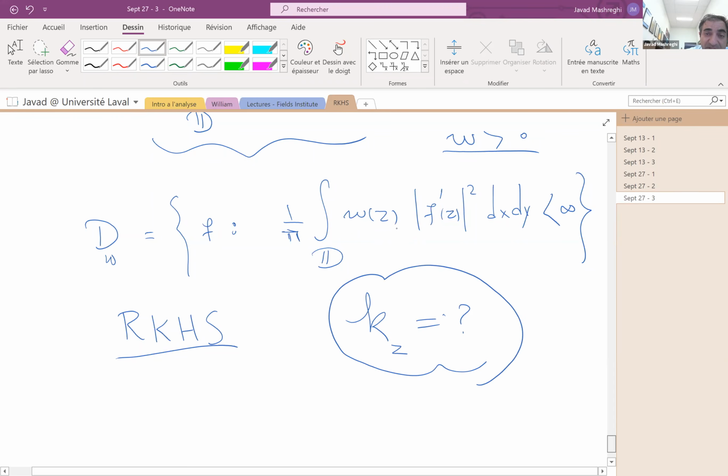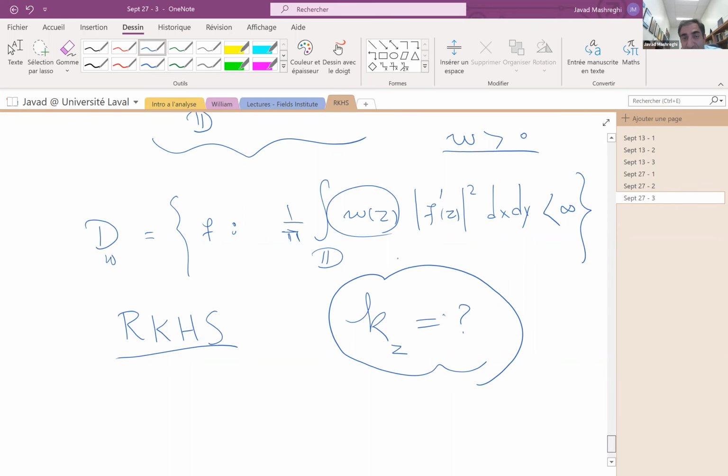Except for special cases like ω equal to 1, which gives us the classical case we studied before. In the general setting, we do not have an explicit formula for the kernel. So it's our first example for which we know it's an RKHS, but we do not have a formula for K, though we have a formula for the norm.